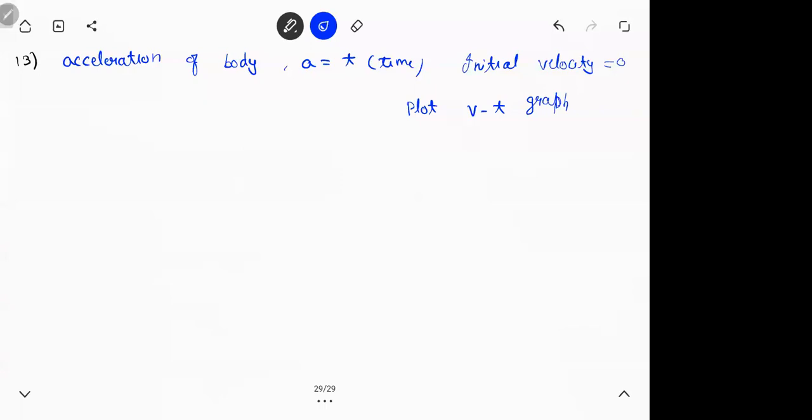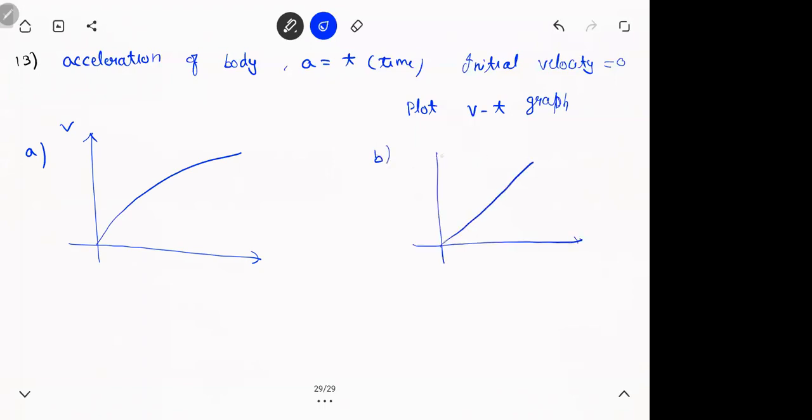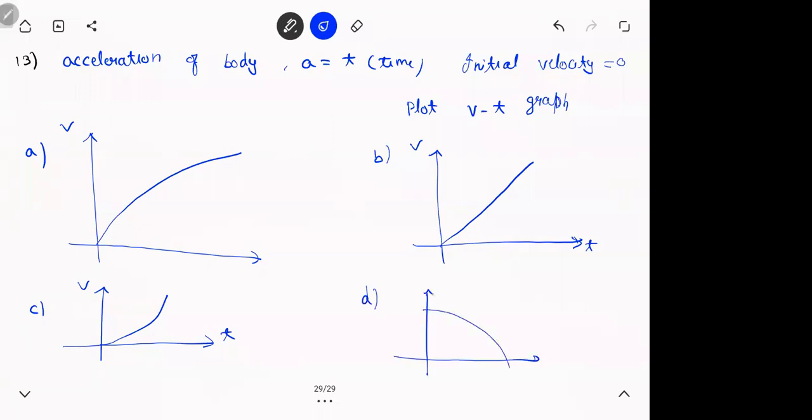Now, suppose this was an exam, how will the options be? Options will be like this.